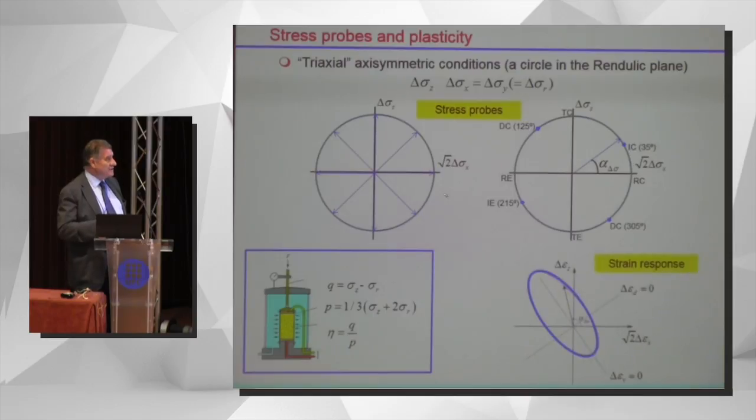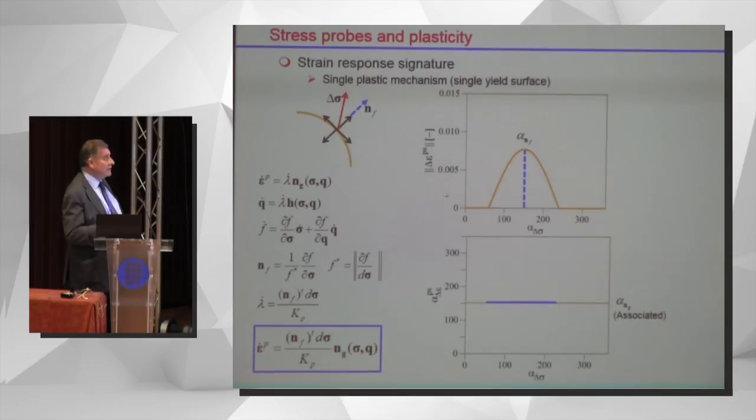And as a result, I'm going to measure strains. I'm going to obtain a strain envelope that I plot on the same sort of Rendulic plane: increment of vertical strains, square root of 2 times increment of radial strains. And let's see how it goes.